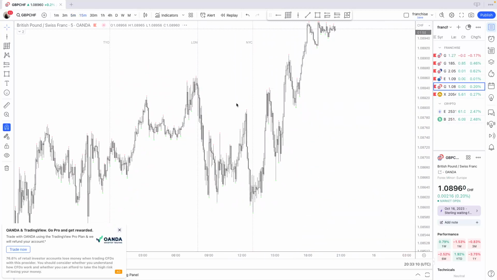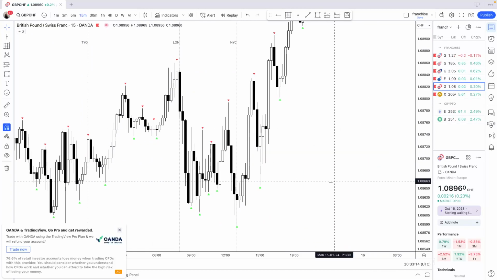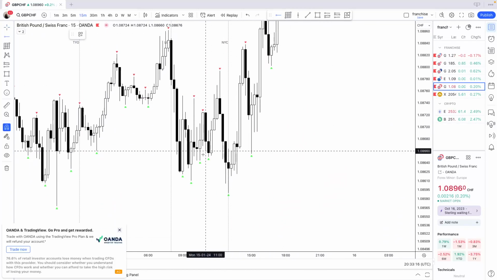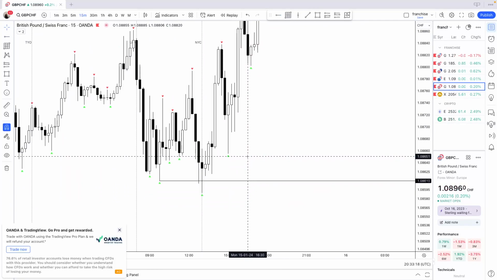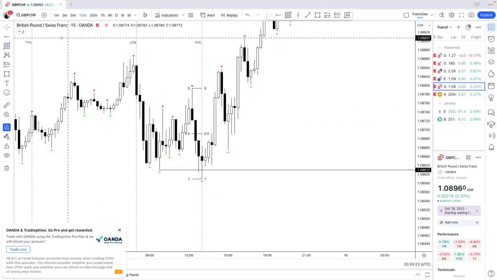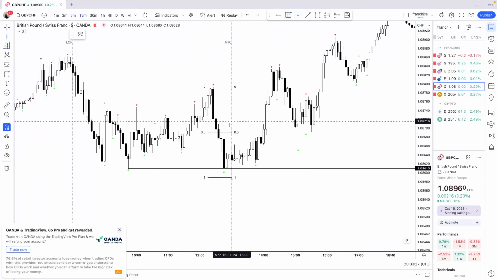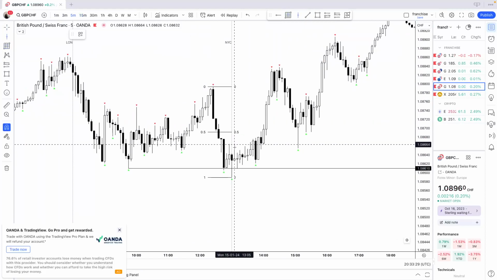So we'll now do New York session. New York session's right here. It sweeps the London lows there. Equilibrium gets set here on New York. So price makes that low, makes that high.